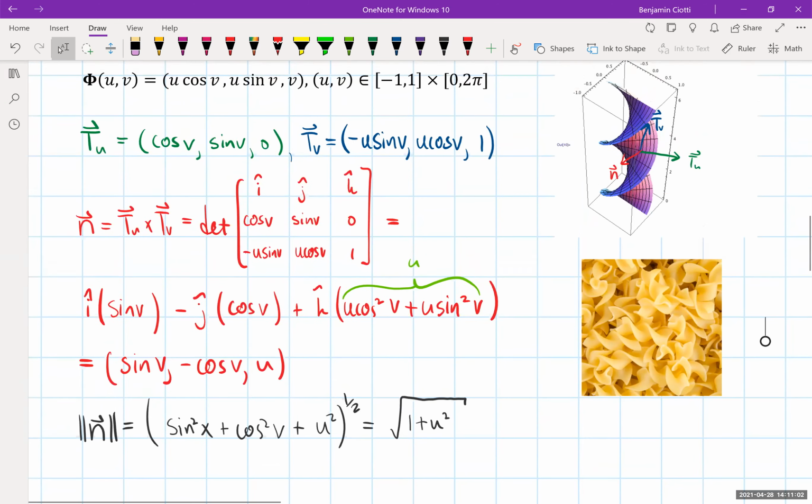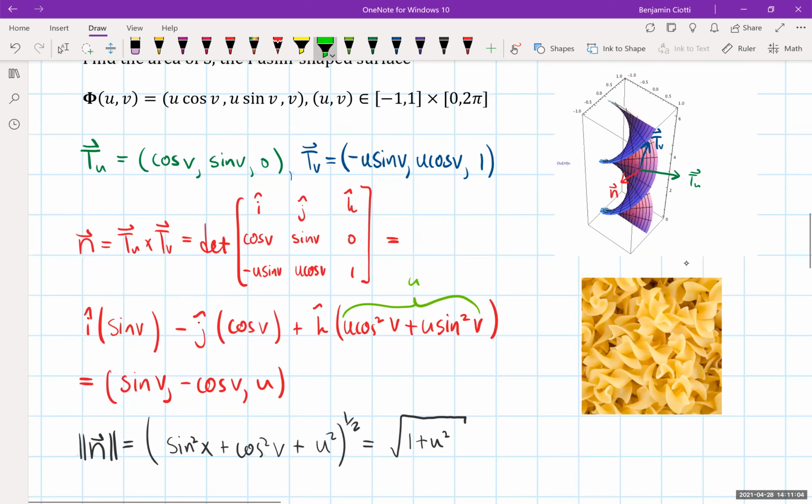If you look at the parameterization, u and v are in this set right here. By the way, someone asked me a good question last class: how do you know what the surface looks like given a parameterization? That's potentially a tough question.